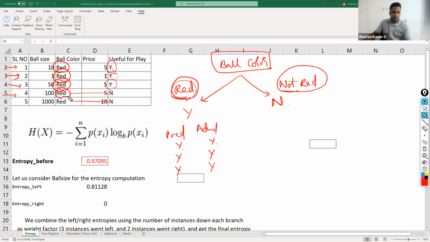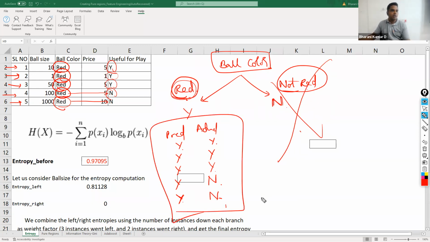Is this red color? Predicted value will be yes, actual value is yes. Is this red color? Predicted value is yes, actual value is no. For it, it is not even going into this, not even needed.